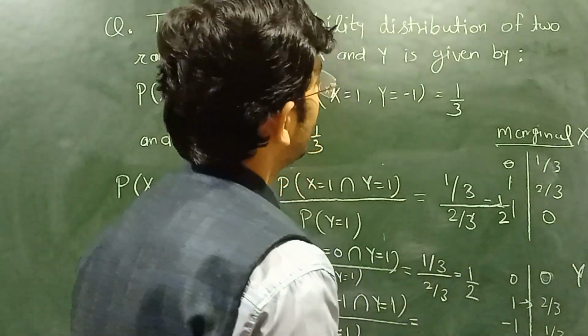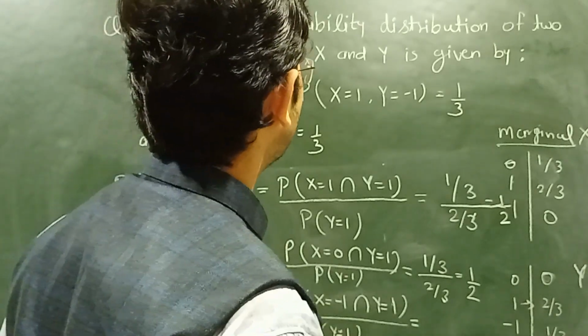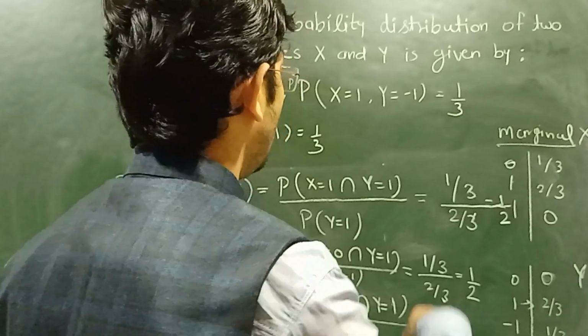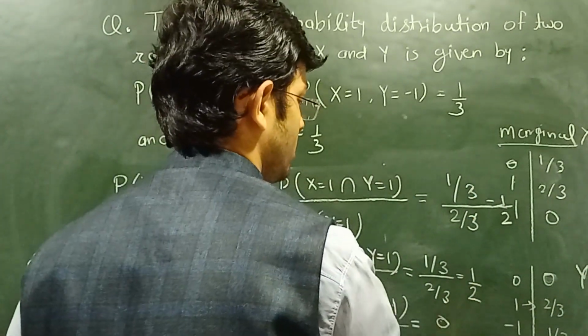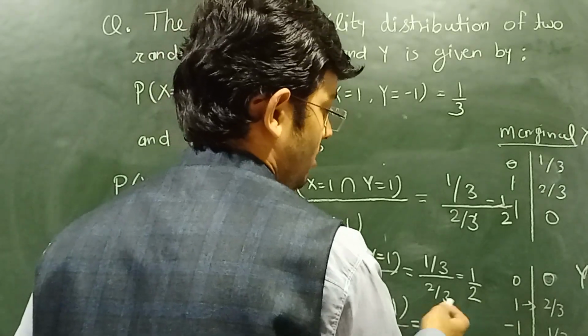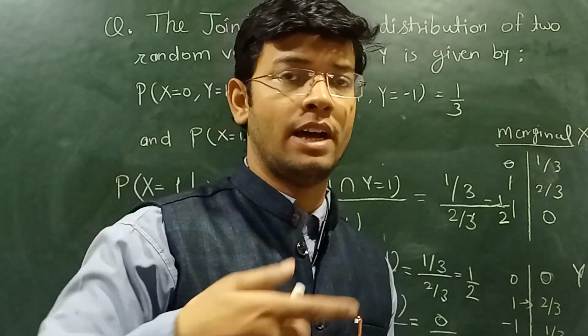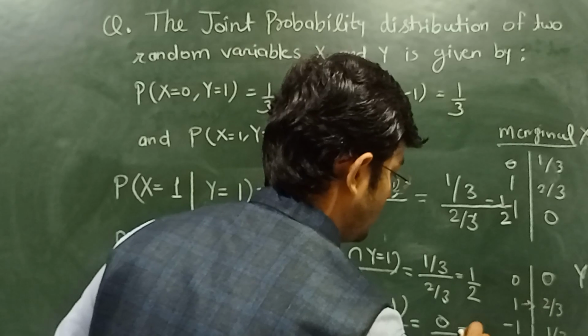Here we can see that we have not been given the -1 and 1 combination. We have been given 1 and -1, so we have to write 0 because the value of this probability is not given. So we write 0 over 2/3.